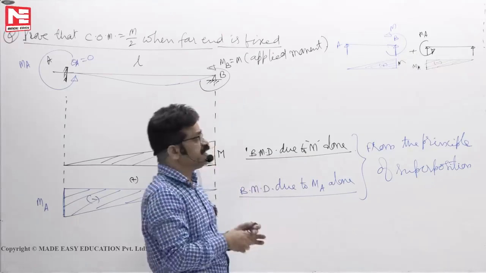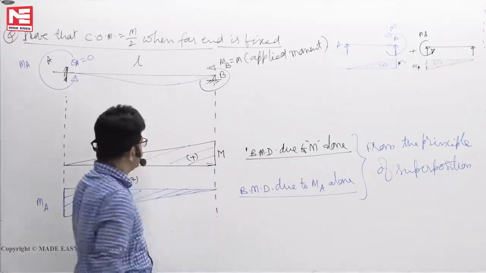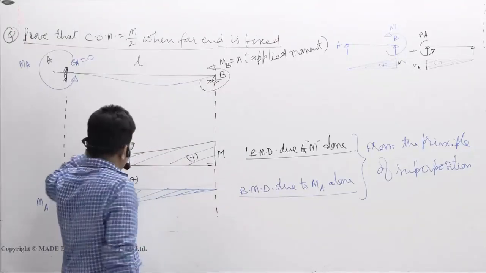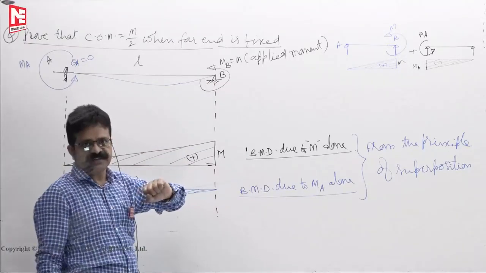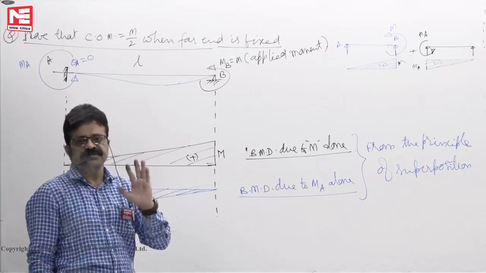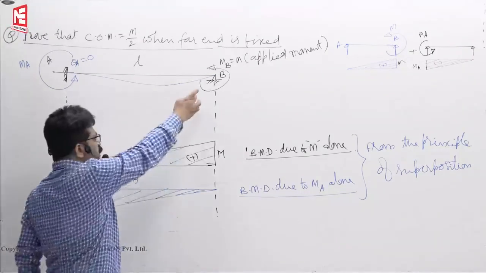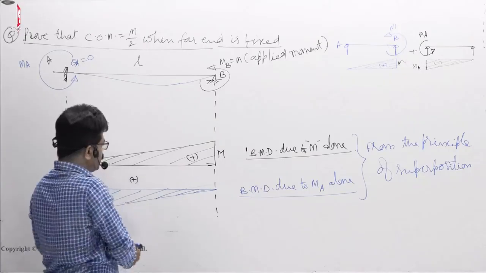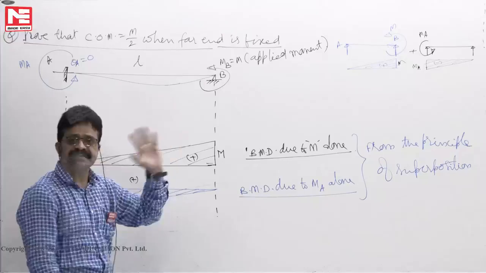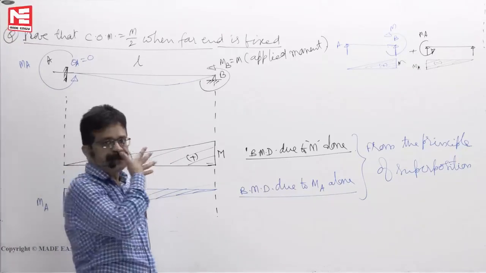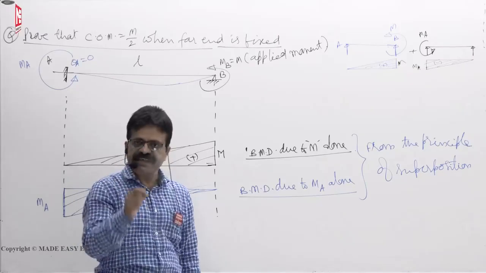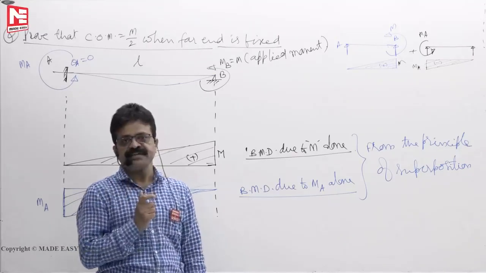Why should we split them like this and waste our time? We could have drawn directly negative to positive, we could have written. Then you must know where is point of contraflexure. Then you must know centroid, area, lot of time waste. But if you take M and MA separately, this triangle area easy, finding CG simple. In moment area method, you must draw bend moment diagrams such that its area centroid must be found easily.